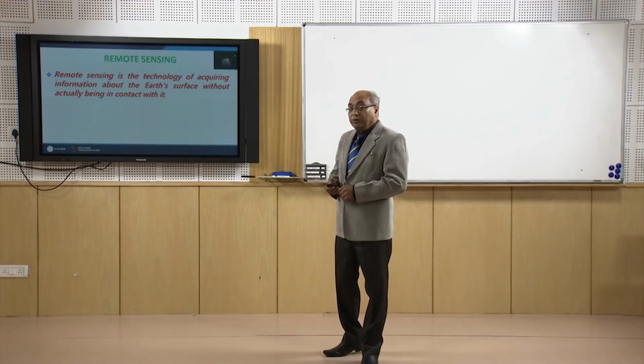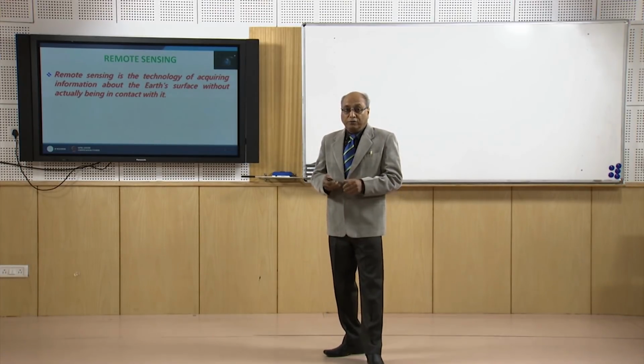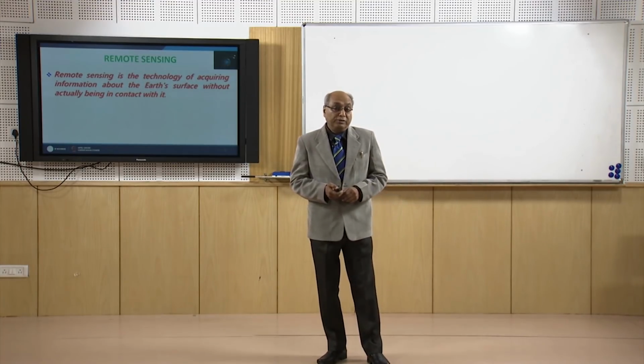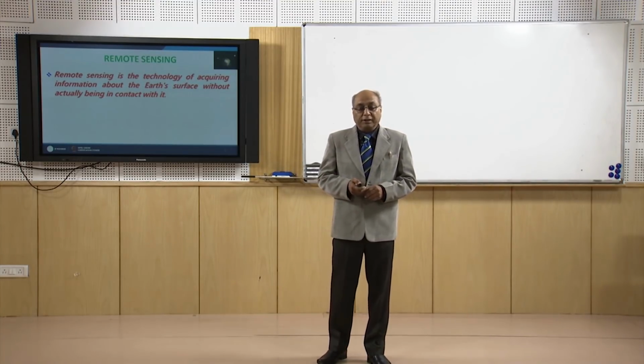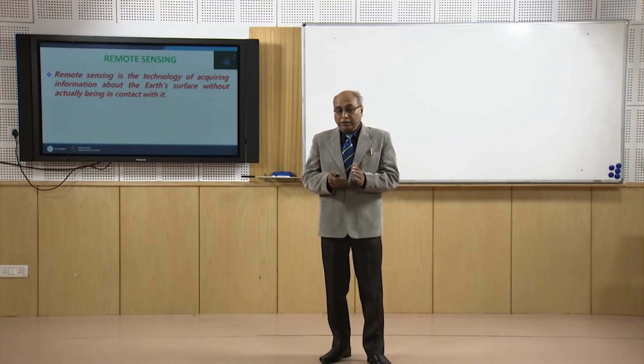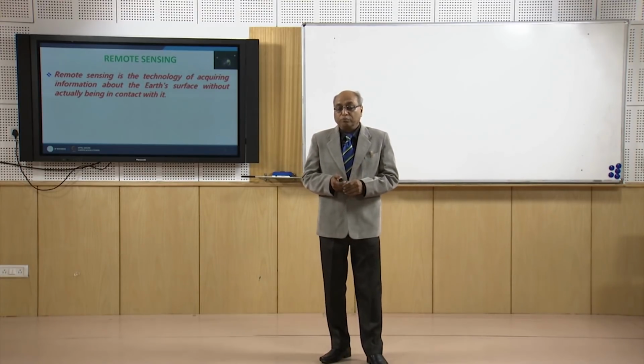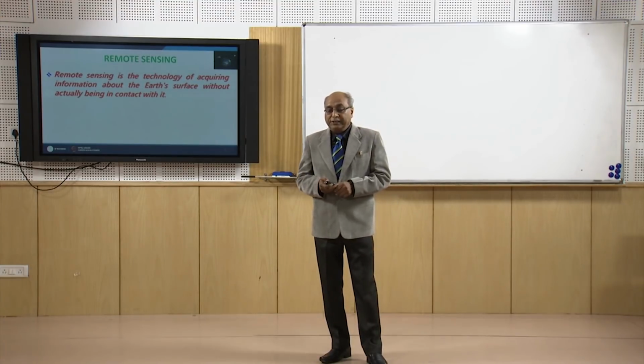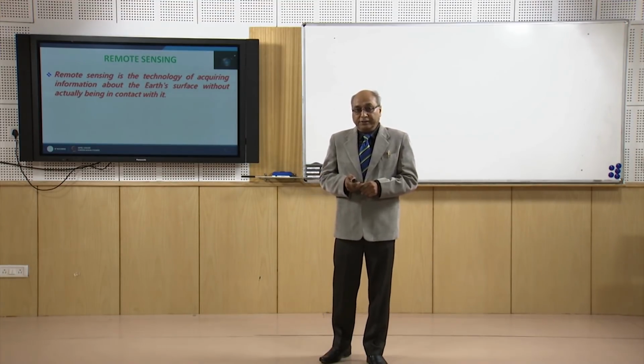But our eyes are not sensitive in all parts of the electromagnetic spectrum. Our eyes are only sensitive in the visible part, and therefore as humans we use a very small window of the electromagnetic spectrum, which we will see in later lectures in detail.